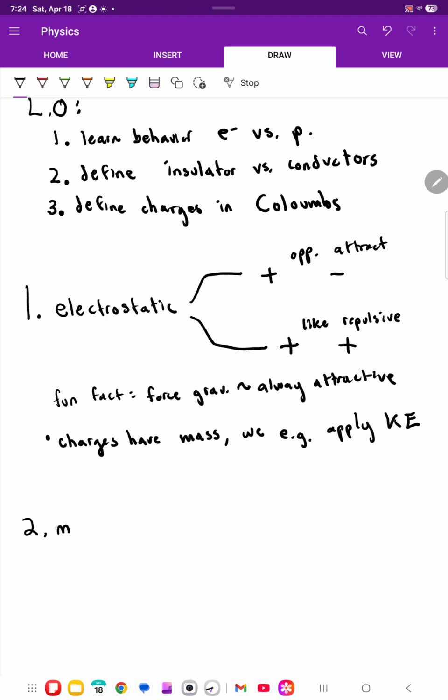Most matter is electrically neutral, meaning that it's a good balance of positives and negatives. This is most stable. Even materials that are normally electrically neutral can acquire a net charge as a result of friction.